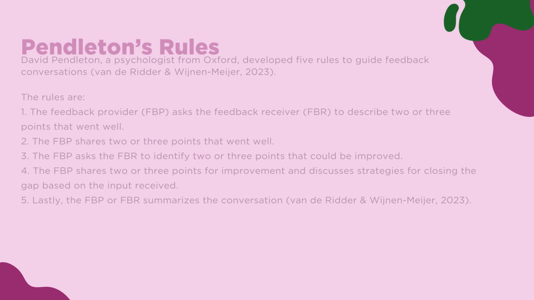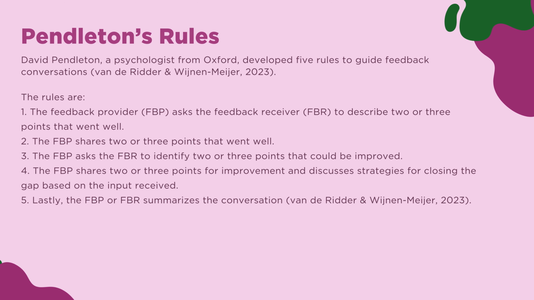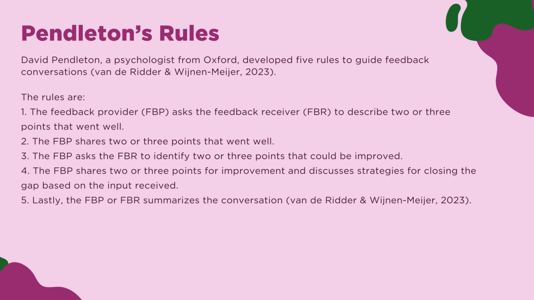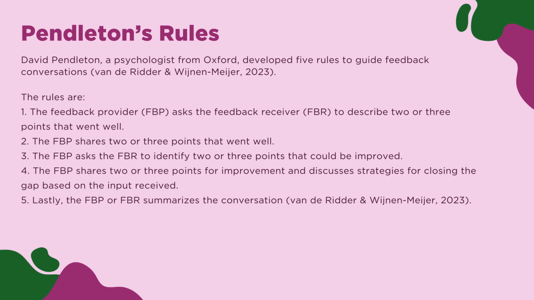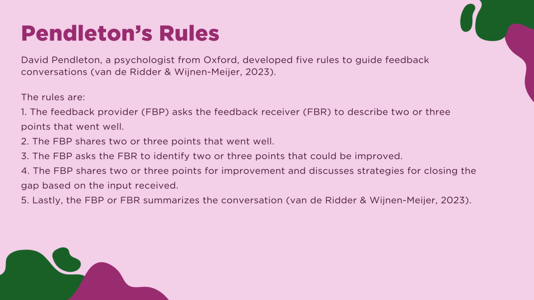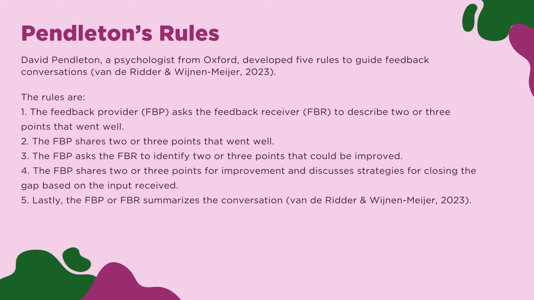Pendleton's rules. David Pendleton, a psychologist from Oxford, developed 5 rules to guide feedback conversations. The rules are: 1. The feedback provider asks the feedback receiver to describe 2 or 3 points that went well. 2. The feedback provider shares 2 or 3 points that went well. 3.